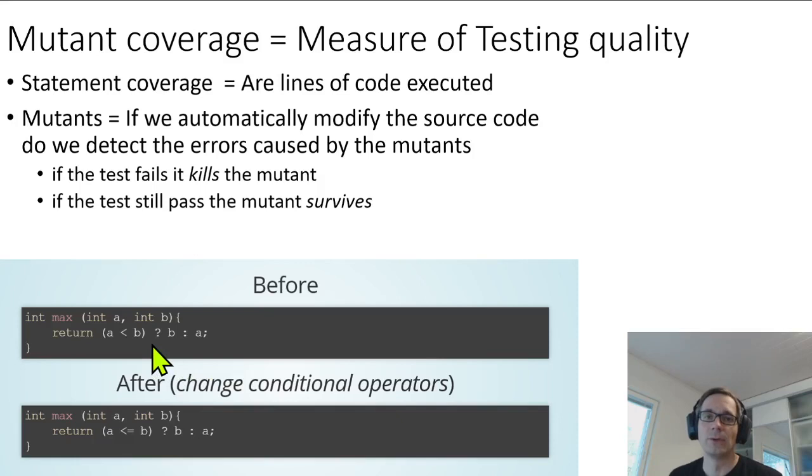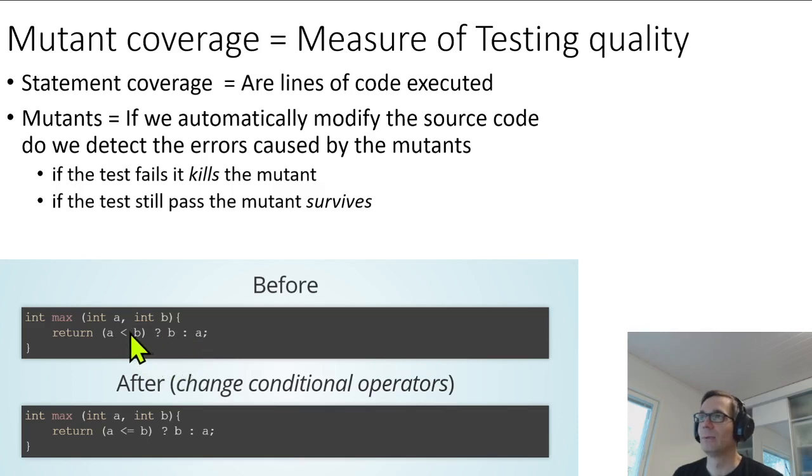Okay, so what are those modifications? Well, they can basically be any type of modification. Here we have a program that returns the max of A and B. So if B is greater than A, then B is returned, otherwise A is returned.